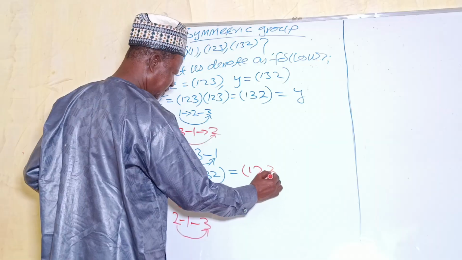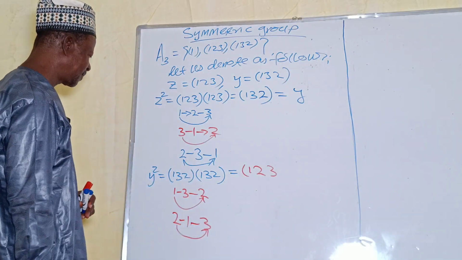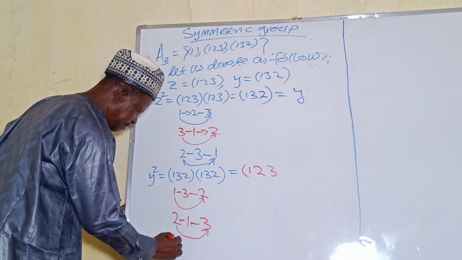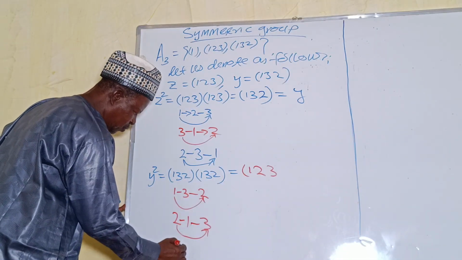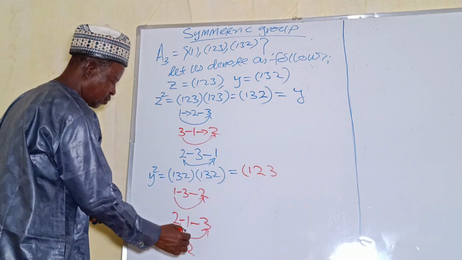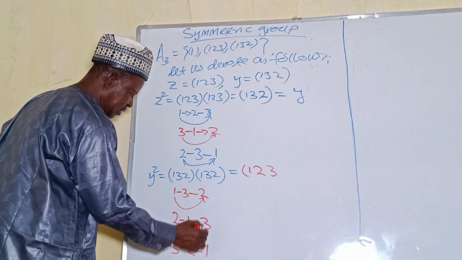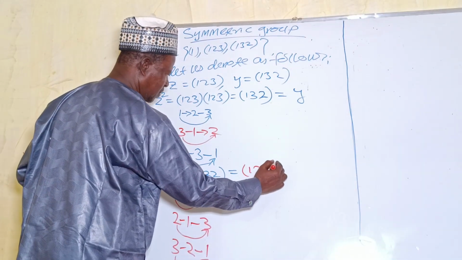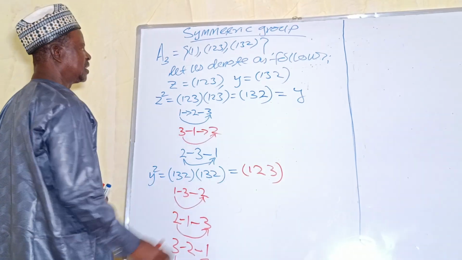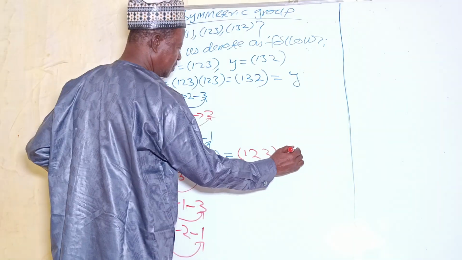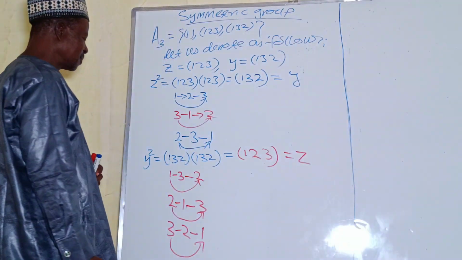Then 3 is mapped onto 2 in the first cycle, and 2 is mapped back onto 1 in the second cycle. So ultimately 3 is mapped onto 1, and the cycle is complete. So we get (1 2 3). But what is (1 2 3)? It's Z.